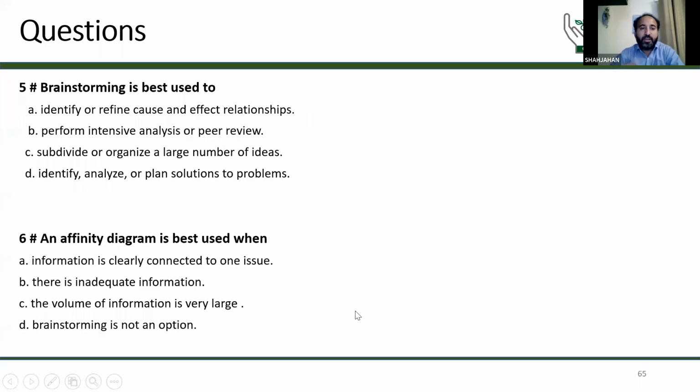Okay, number 5: brainstorming is best used to identify or refine cause and effect relationships, perform intensive analysis, subdivide or organize a larger number of ideas, identify, analyze, or plan solutions to problems.